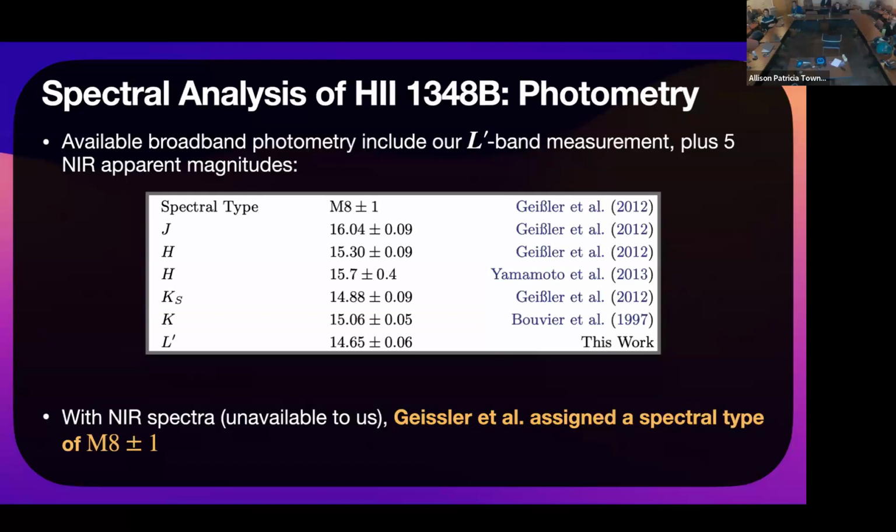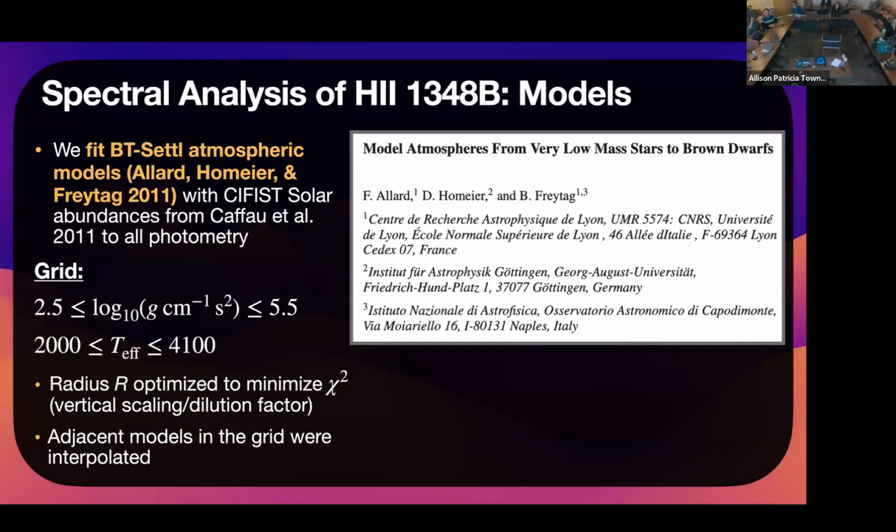And putting these together, we want to confirm the spectral type assigned by the discovery paper for this companion, Geißler 2012. They identified it as being best fit by an M8 spectrum template, but with some uncertainty towards higher or lower spectral types. We decided to use BT-Settl atmospheric models.